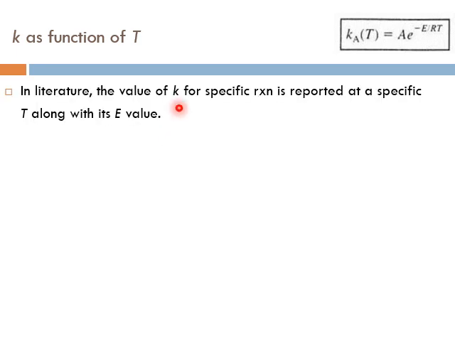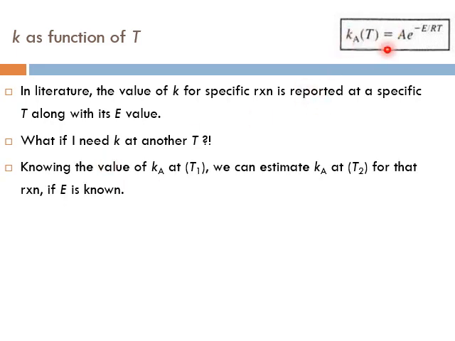In literature, the value of K for a specific reaction is reported at a specific temperature along with its activation energy value. What if I need K at another temperature? That's simple. I use this equation twice.